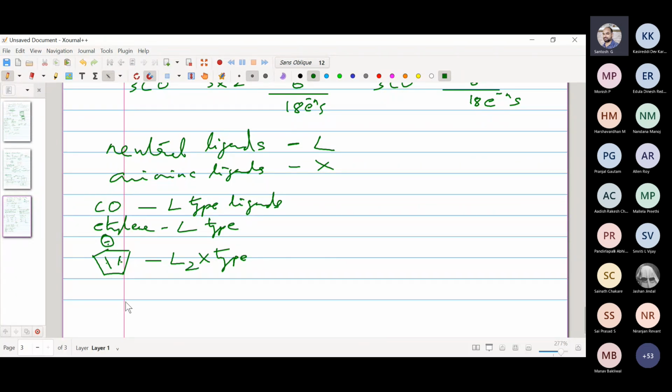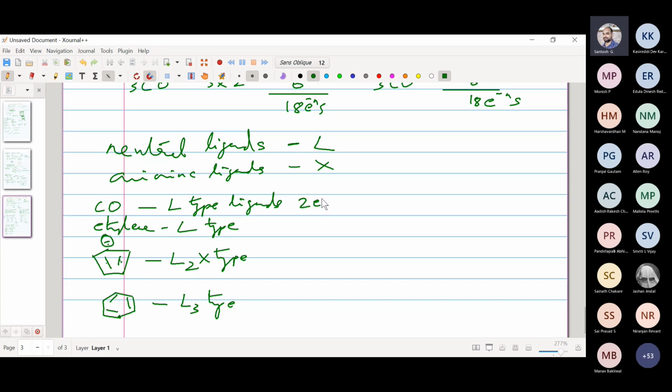And benzene, with three pi bonds and no anionic residue, is an L3 type ligand.